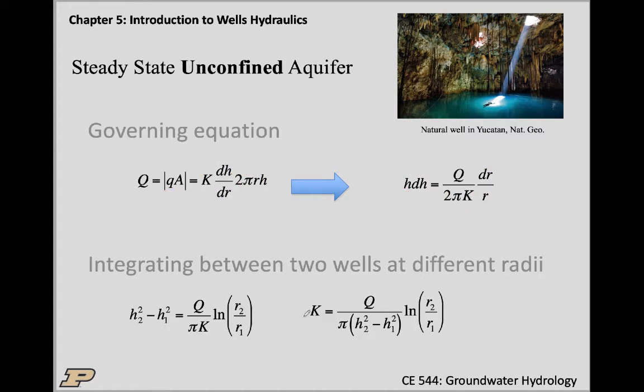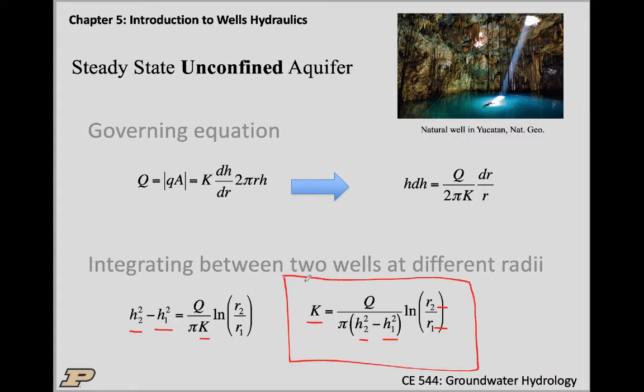All that said, now we end up with this equation here on the bottom left, with the squares on the left-hand side, K instead of T on the bottom here, and the 2 has disappeared. Otherwise, very similar expression. Now, typically what we are looking for is K, and we measure H2 and H1 at some distance R2 and R1 in 2 observation wells, and now we have a complete equation by which we can calculate K.